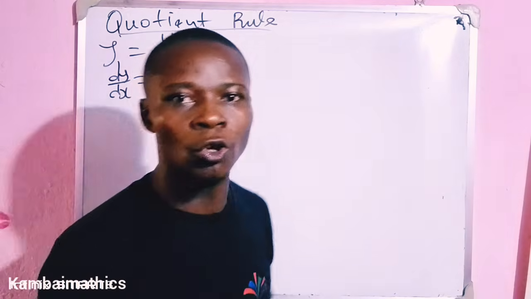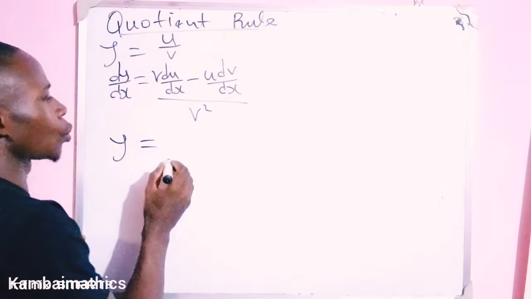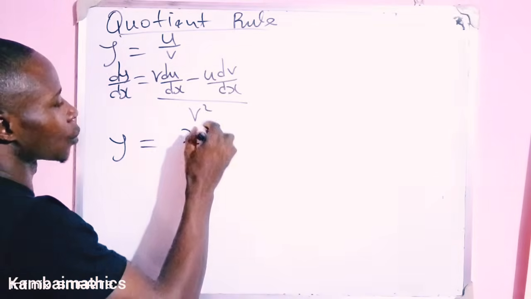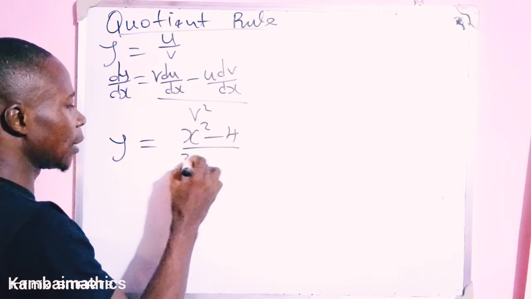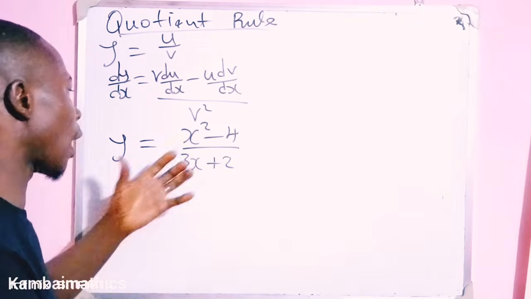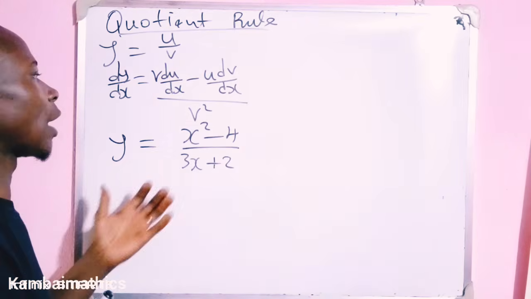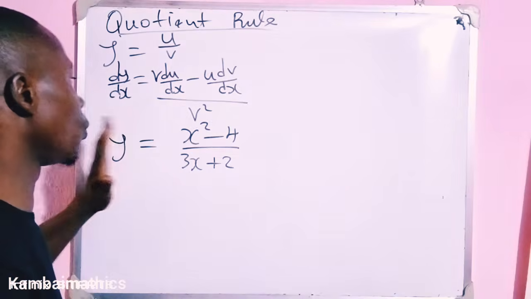So to solve a problem, let's assume that we have y is equals to x squared minus 4 all over 3x plus 2. Assuming that you have a question like this, there's a way we can do it directly, but I prefer us elementarily to use the formula, because it will be easier for us.